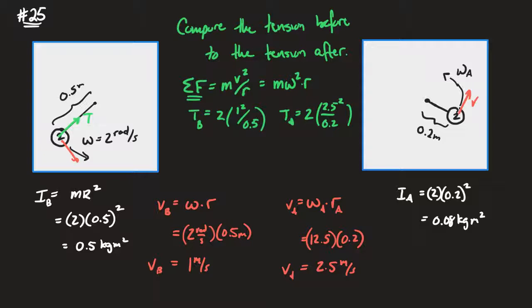I'll ask something like, where did the energy come from? And if you make it this far into the problem, you'd have to recognize that the energy came from the tension: you pulling on the string added energy to the system. All right. So I've given you a clear idea of how I'm going to ask this on the test.